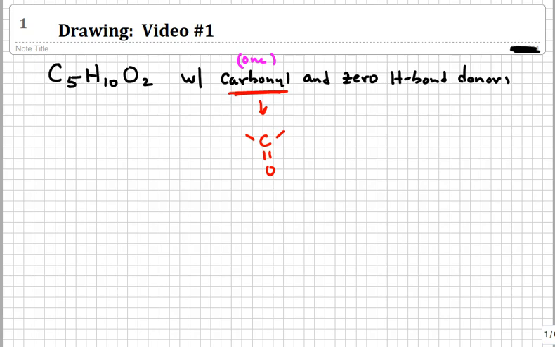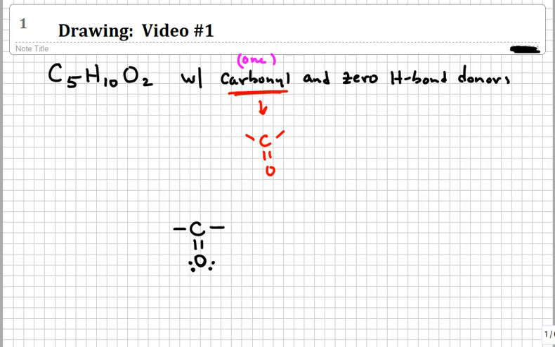So I think I'm going to use this carbonyl as a landmark. I'm going to go ahead and draw it in, and then I need to add other atoms to fill in the structure to meet the formula and to meet the other demand of having 0 hydrogen bond donors.